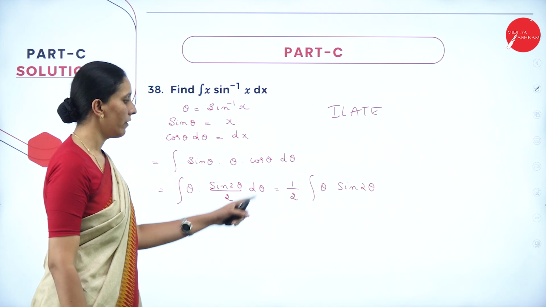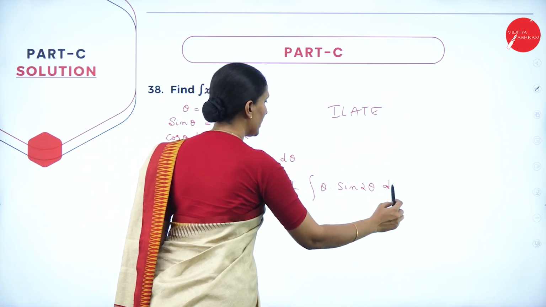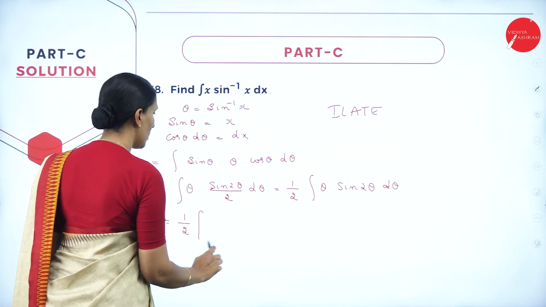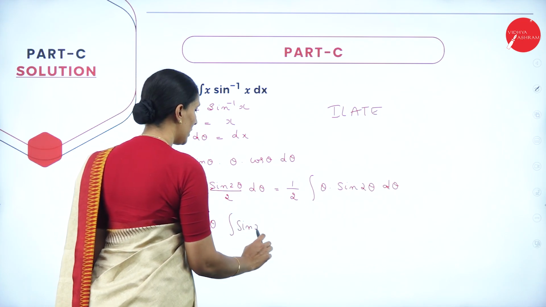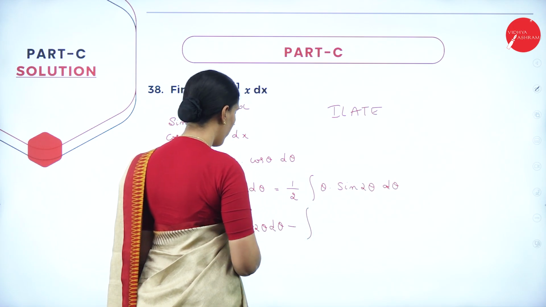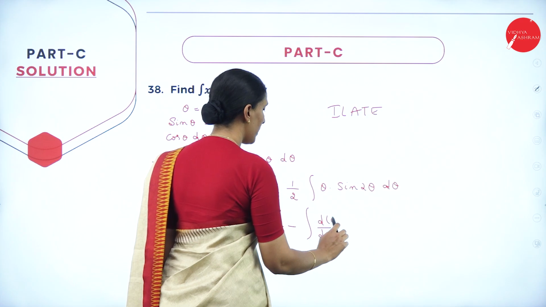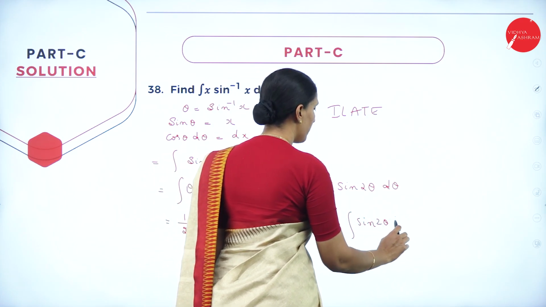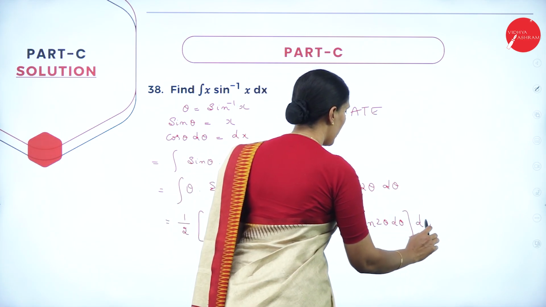So now here we can apply the integration with respect to d theta. Let us apply the rule keeping half outside the function. So first function, integral of sine 2 theta d theta minus integral of derivative of theta with respect to theta, integration of sine 2 theta d theta with respect to d theta again.